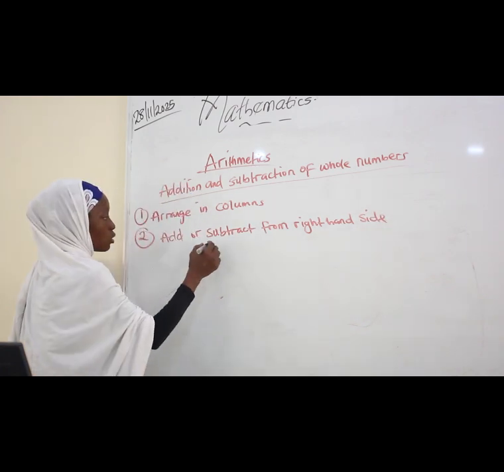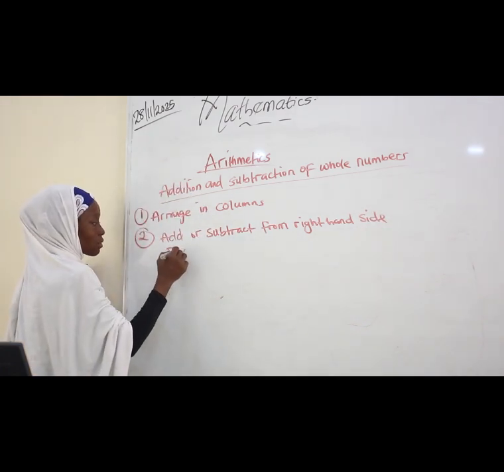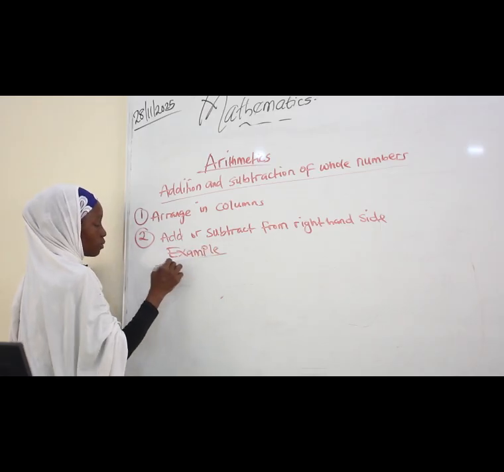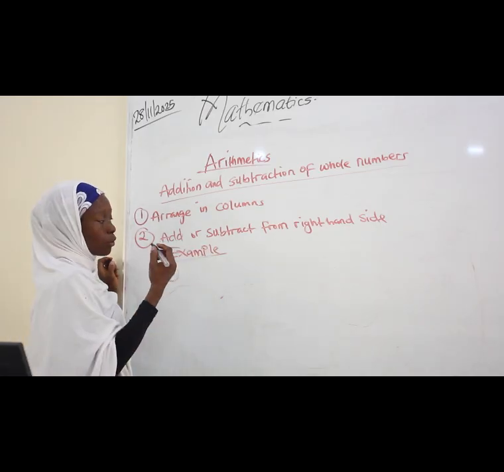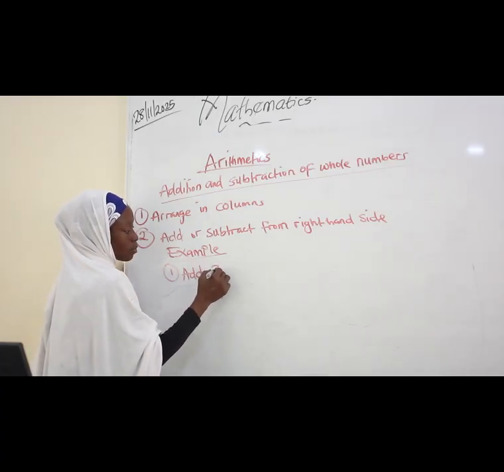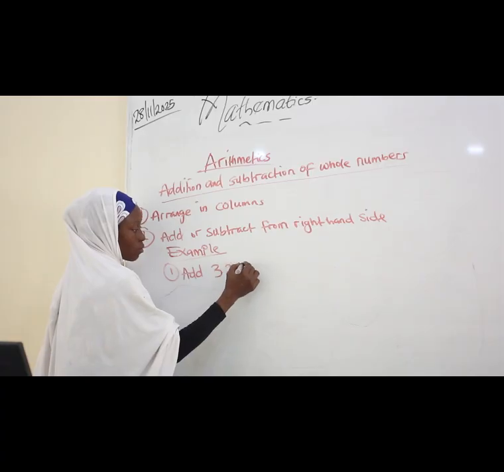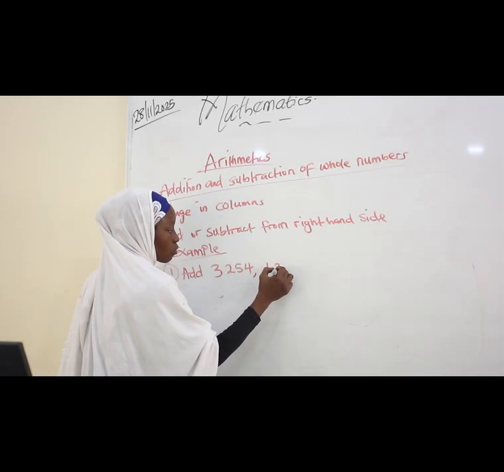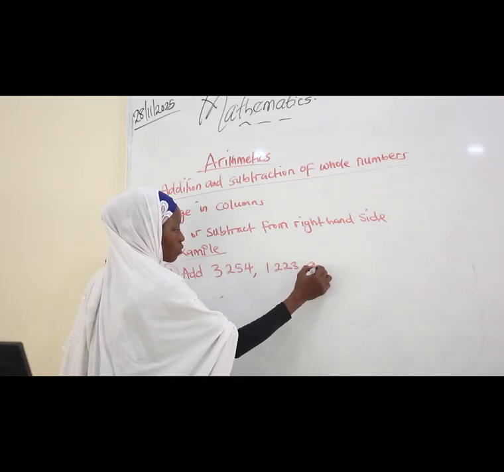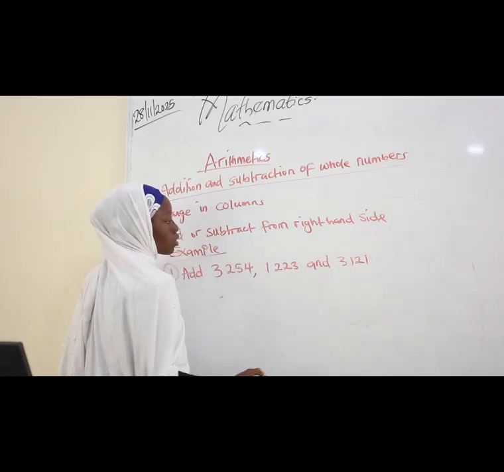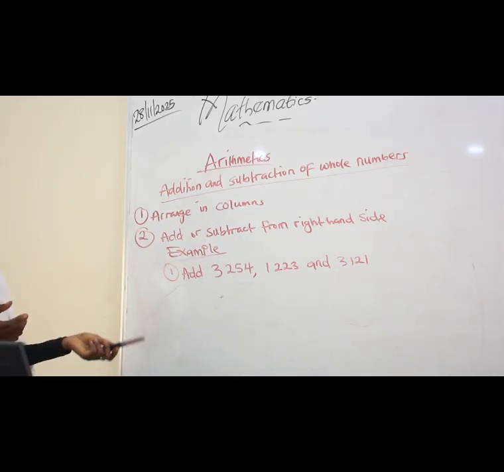These are the rules. So now let's take a good look at this example. Example number 1. Let's say you have to add these numbers together.